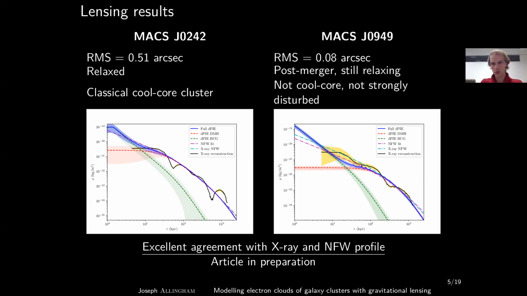And on the right one, we still find the agreement to be very good. I also want to outline this is a 3D reconstruction. Of course, this makes assumptions because neither the lensing information nor the X-ray are three-dimensional in this case. We are actually preparing an article on all of this gravitational lensing reconstruction.